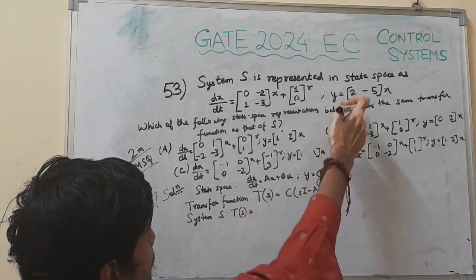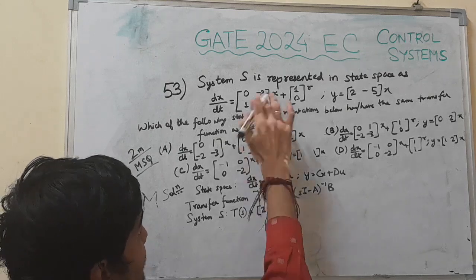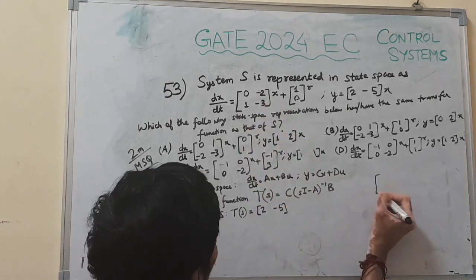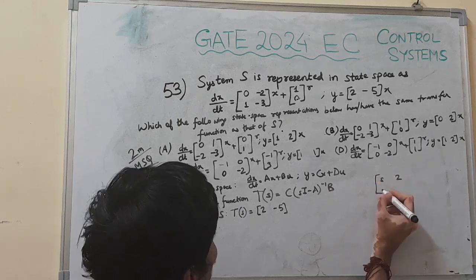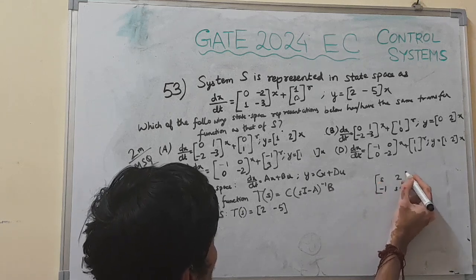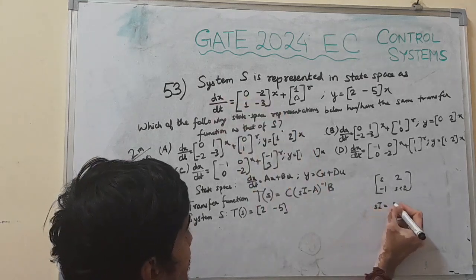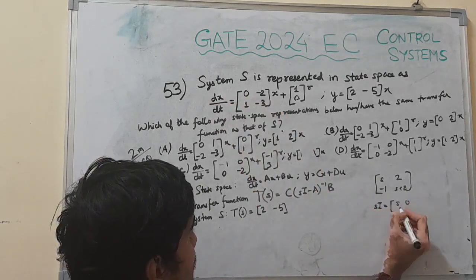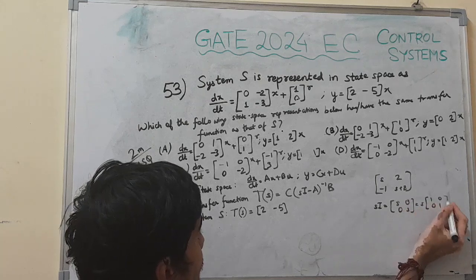C is [2 -5], and we keep (sI minus A) inverse aside. sI minus A means [s -1; 2 s+3]. Basically, you have to multiply this matrix. sI is what? In this case [s 0; 0 s], that is s into [1 0; 0 1].